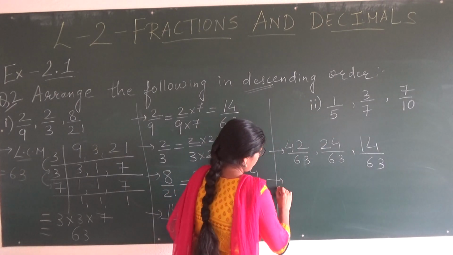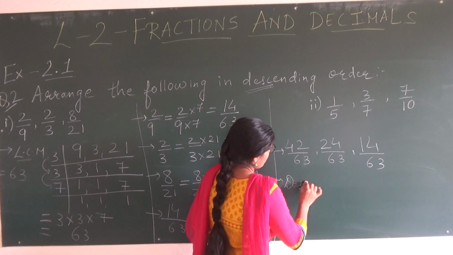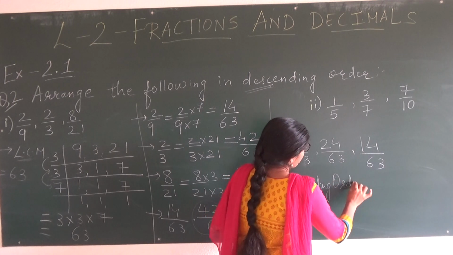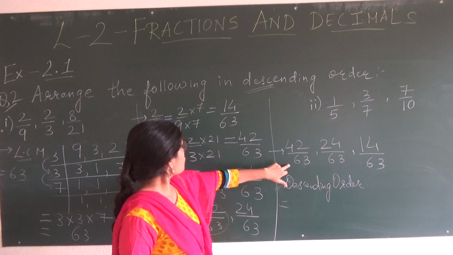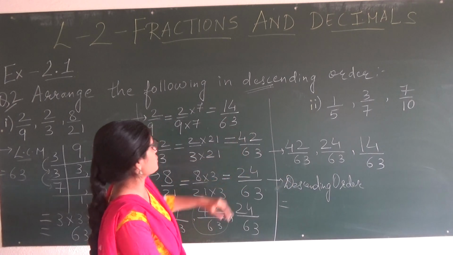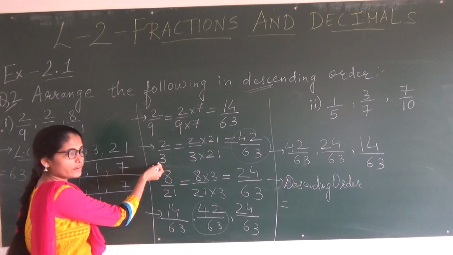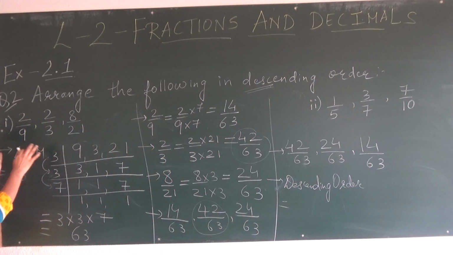Now our final answer will be in descending order. 42 upon 63 means which fraction? You have to go back to the fraction. Original fraction was 2 upon 3. We have to arrange what is given in the question.